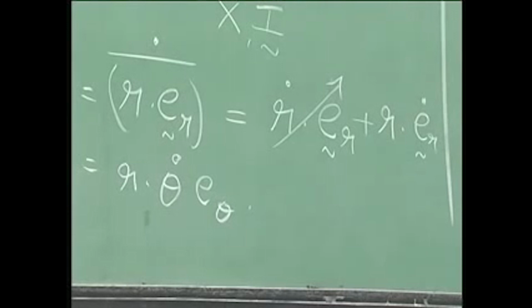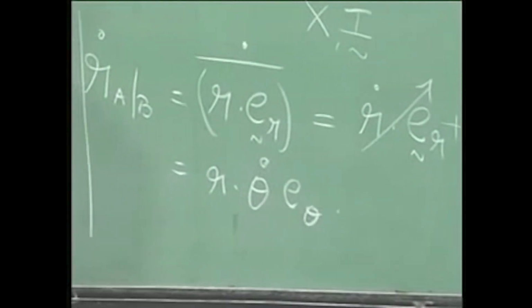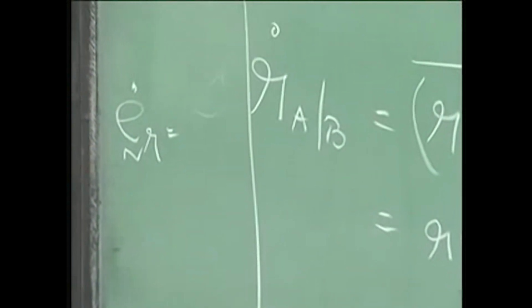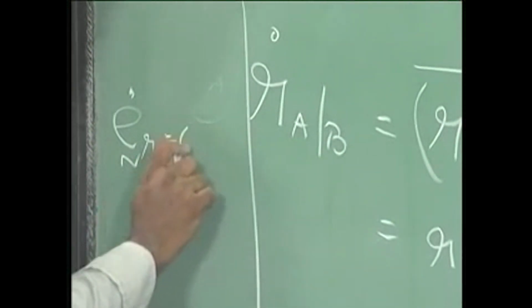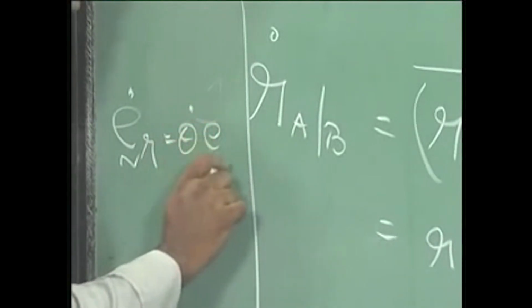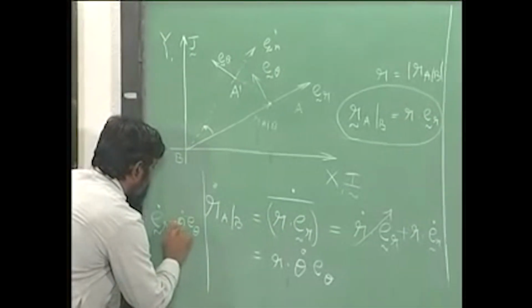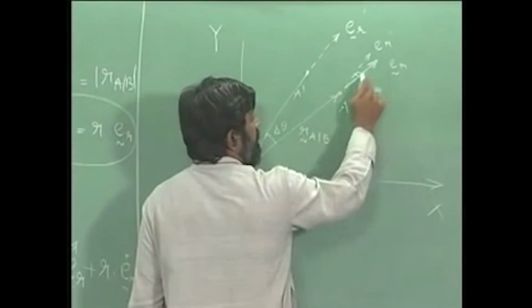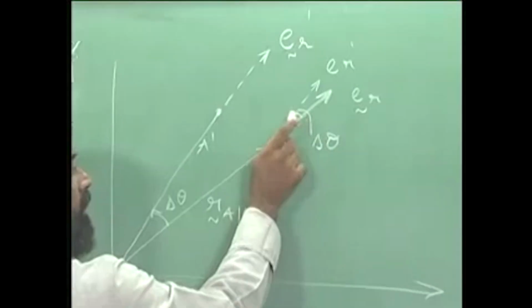Is this clear? Why is it so? Because ER dot, rate of change of the vector ER, happens to be equal to theta dot E theta. So, we find that this is the way it has moved.